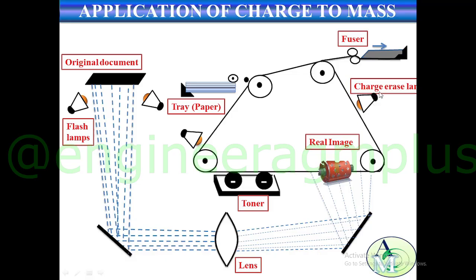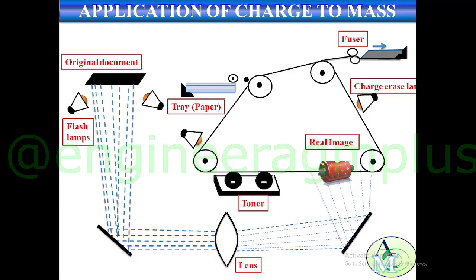Then you can see the charge erase lamp. This light is reflected here on the drum. It's the drum discharging those areas. Remember, we have the image formed, and the light will discharge the points where the image is not formed. I will explain this in the next slide.